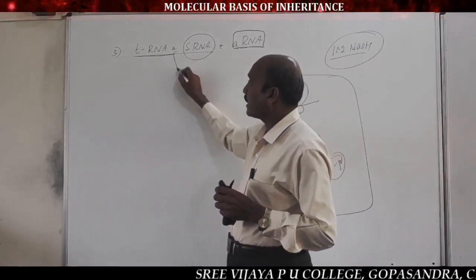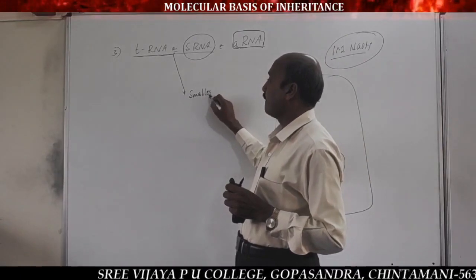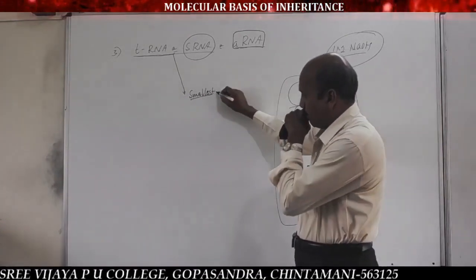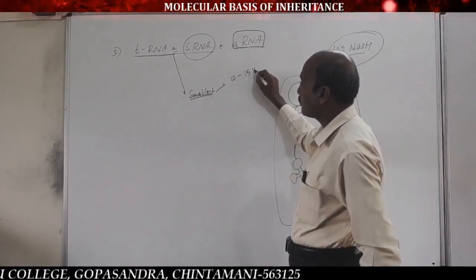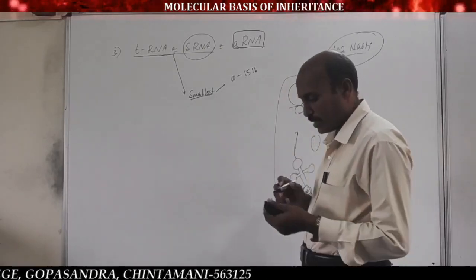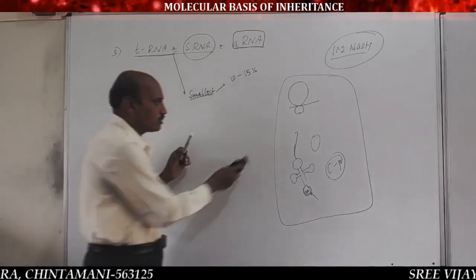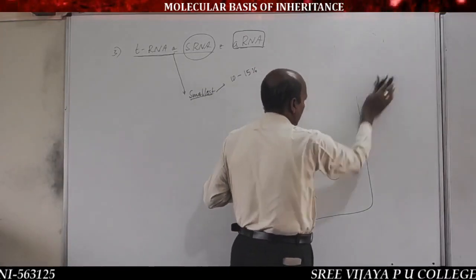tRNA is one of the smallest RNAs. It accounts for about 10 to 15% of total RNA.